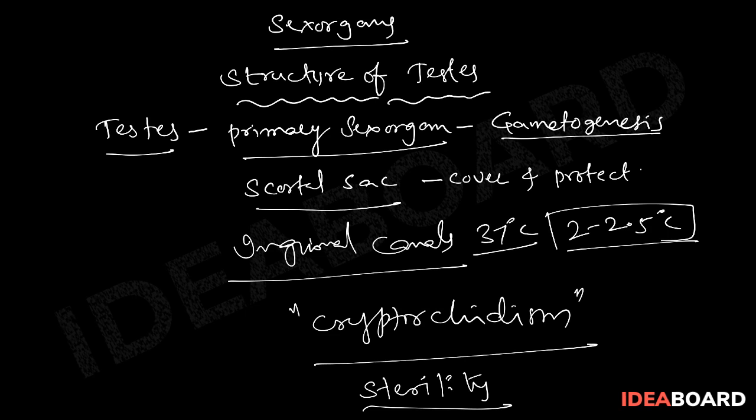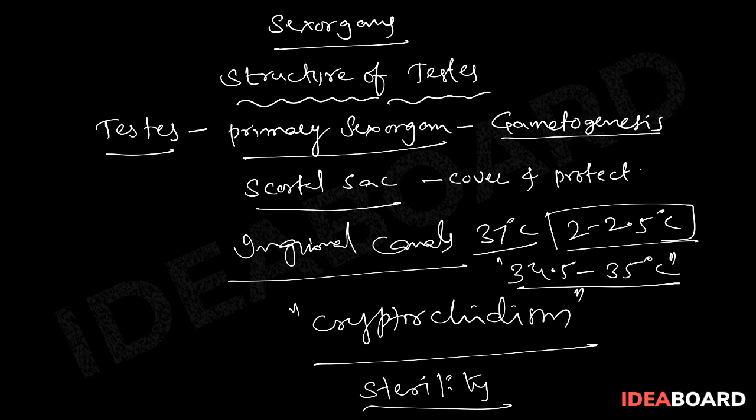For the spermatogenesis process, approximately 34.5 or 35 degrees centigrade is required. That is why the testis descends into the scrotum, to maintain the required temperature for spermatogenesis.